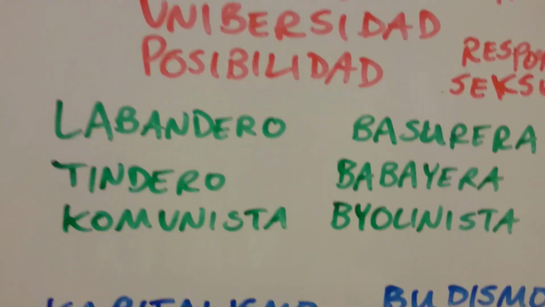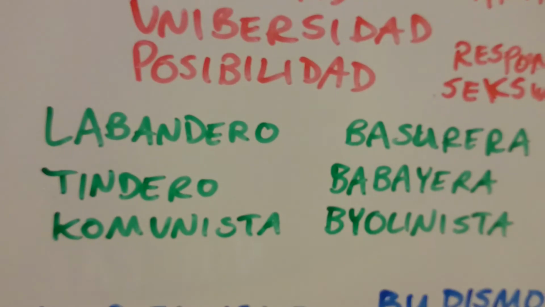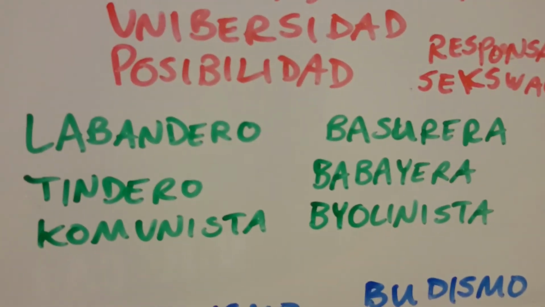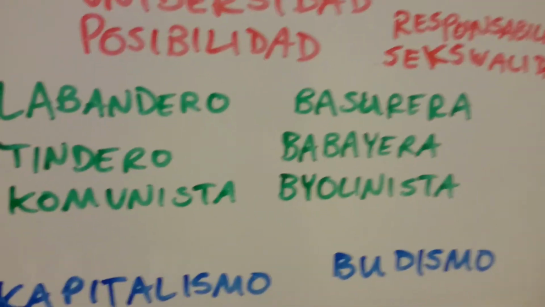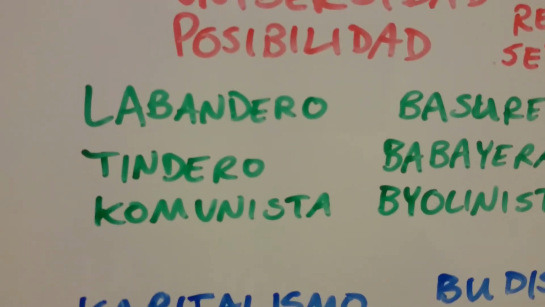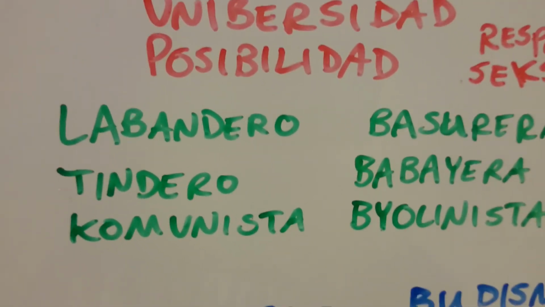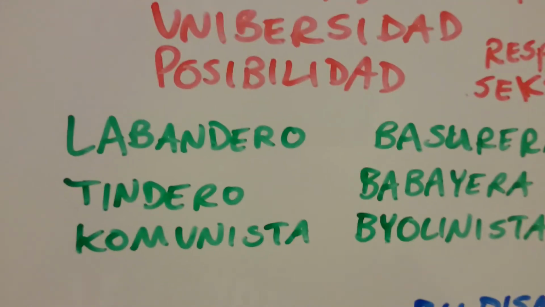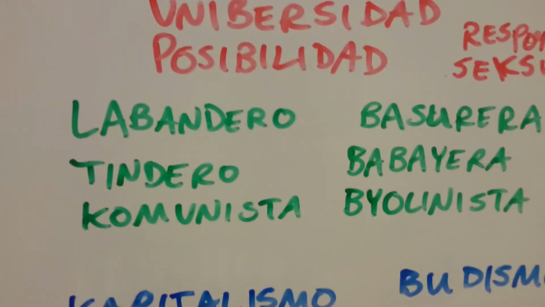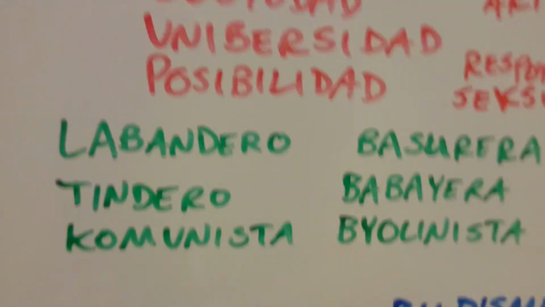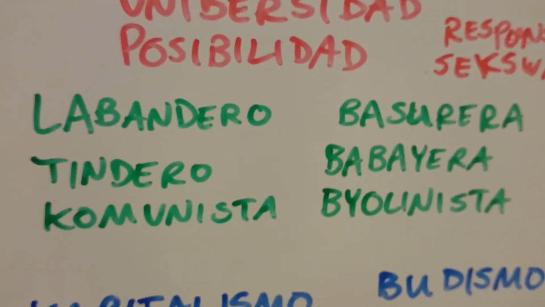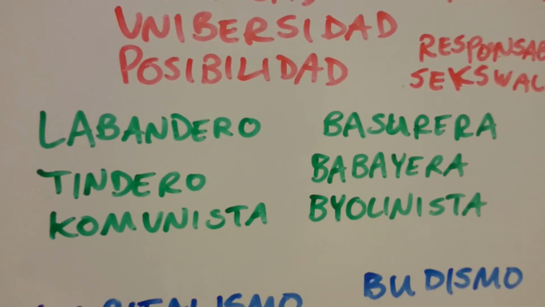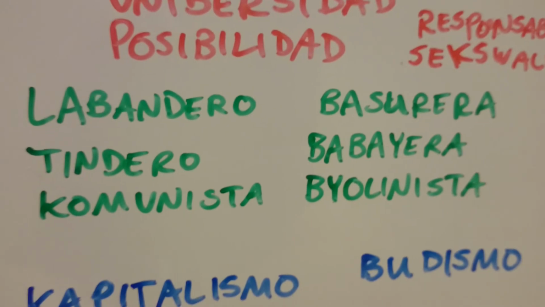It's a laundry guy, someone who does laundry. Consequently, a lavandera is a female who does the same job as a lavandero. If you want to change the sex of the person, you just change the o to a, or a to o.